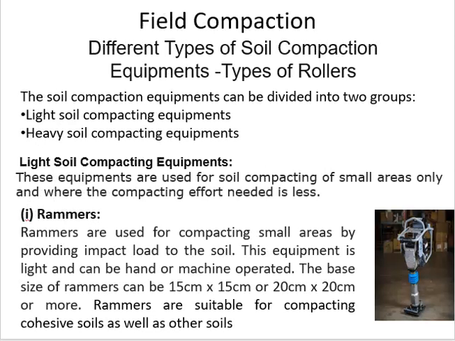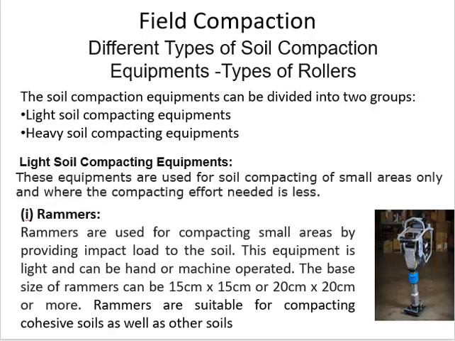The field compaction equipment are basically divided into two types: light soil compacting equipments and heavy soil compacting equipments. Light soil compacting equipments are used for compacting smaller areas by using rammers, vibrodampers, vibrating plate compactors, etc. The rammers produce impact load and are suitable for compacting cohesive soils.